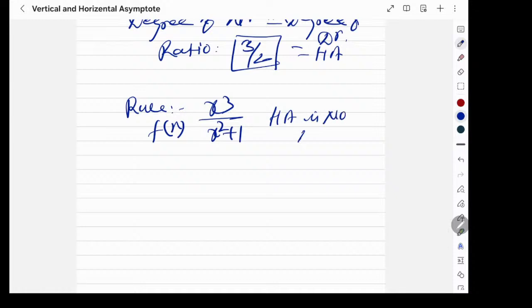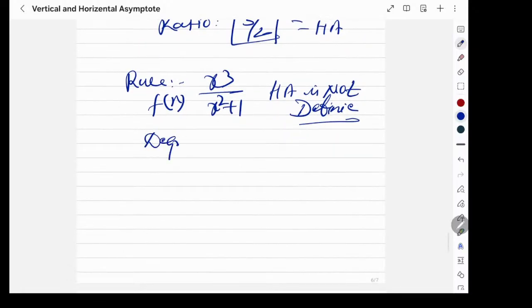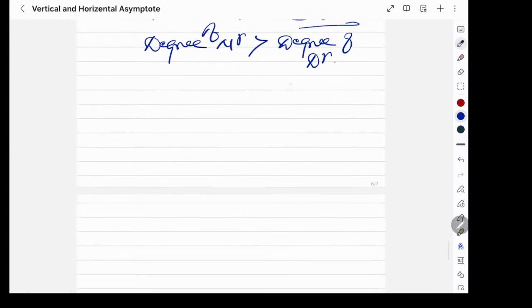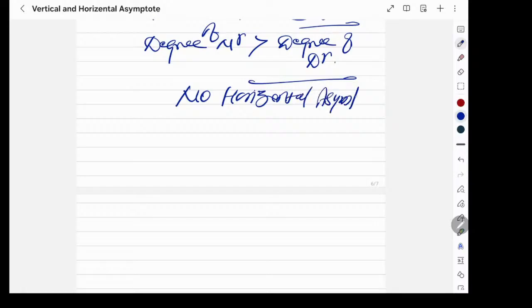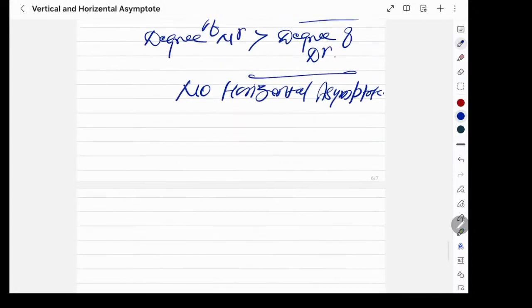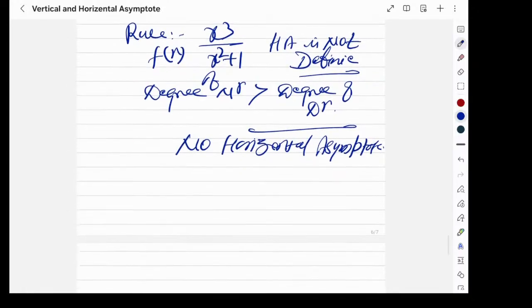The reason is the degree of the numerator is greater than the degree of the denominator, so there is no horizontal asymptote. So here the different examples are presented, and these are the vertical and horizontal asymptote rules.